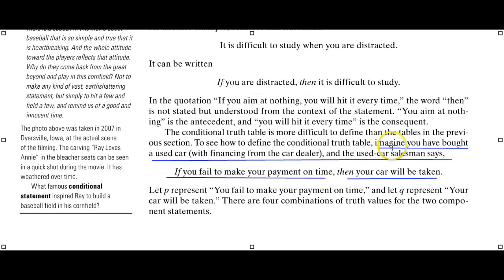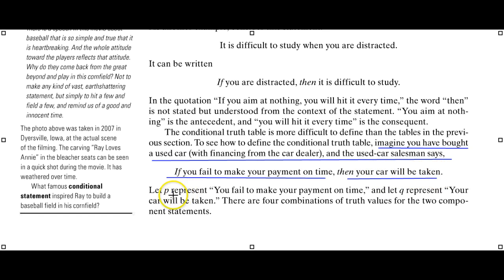Now I went over this a little quickly before, but we need to see the scenario in which this was set up. Imagine you bought a used car with financing from the car dealer, and the used car dealer salesman says, if you fail to make your payment on time, then your car will be taken.